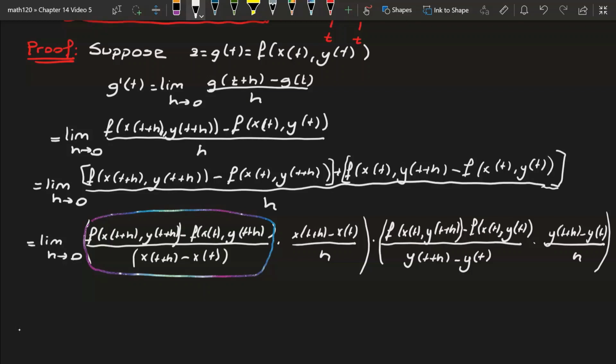As h goes to 0, x of t plus h minus x of t goes to 0, since x is a continuous function; it's differentiable, so continuous. This expression corresponds to the partial derivative of f with respect to x at x of t.